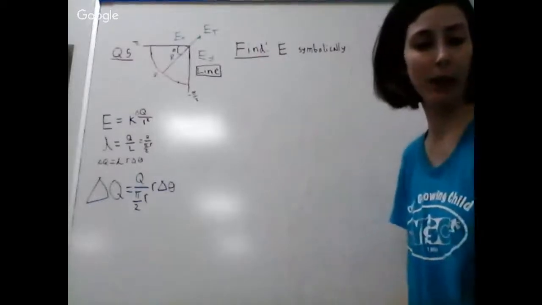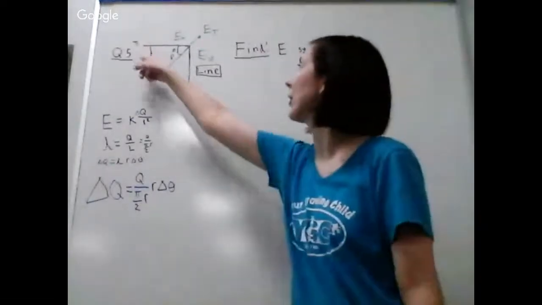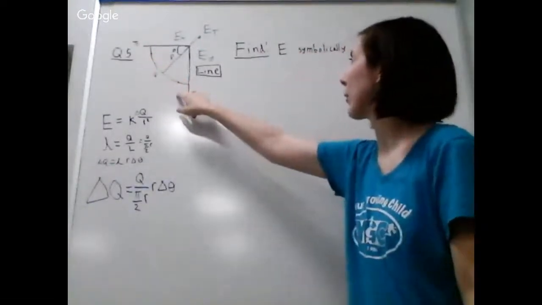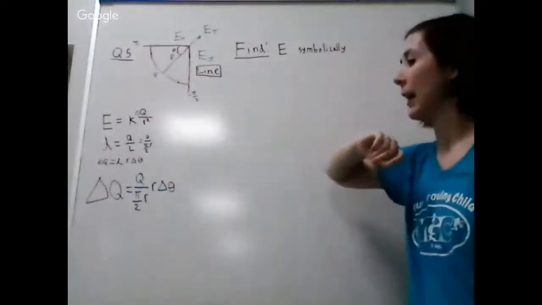Okay, so we've got question 5 that asks about a line of charge along kind of half a semicircle, quarter circle, and it wants the electric field.